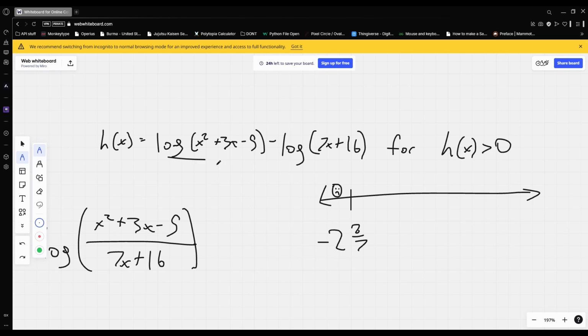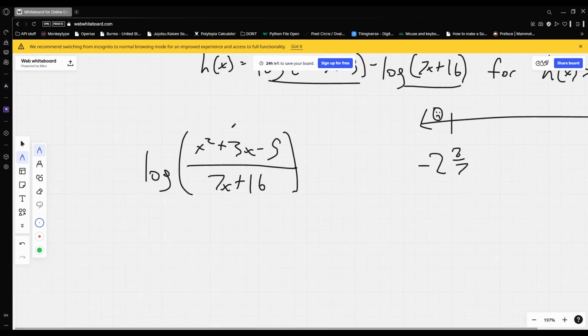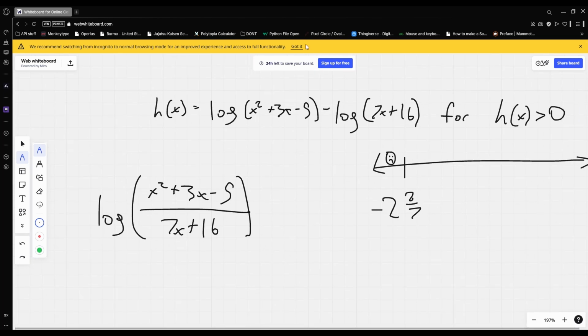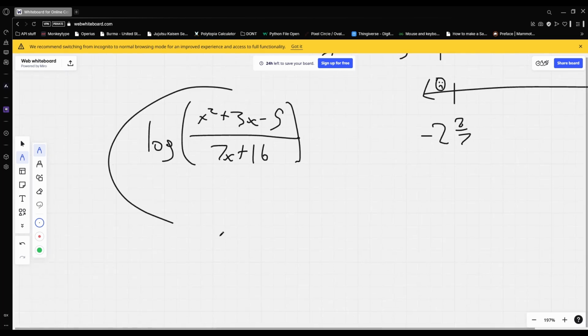Because you can't log a negative or 0. Can't log a negative or 0. And if you combine these together, it makes a different expression. And you also can't log a negative or 0 in that expression. Okay? So we're going to solve everything, each part. So part 1, part 2, and then we combine them here to make part 3.